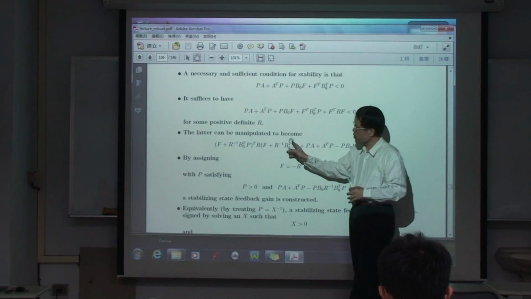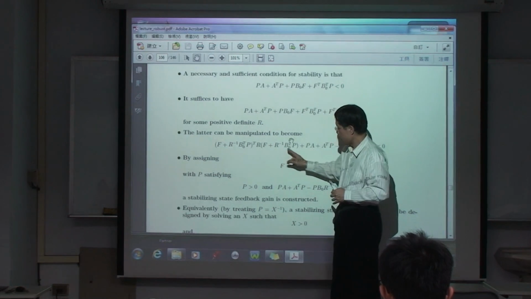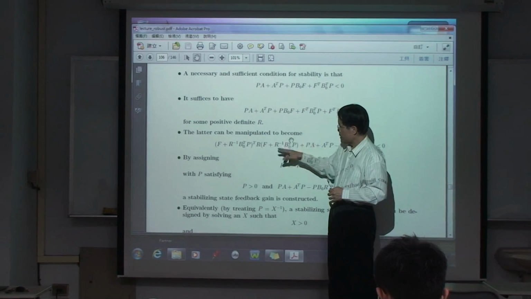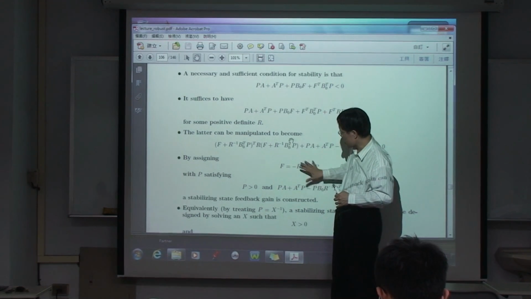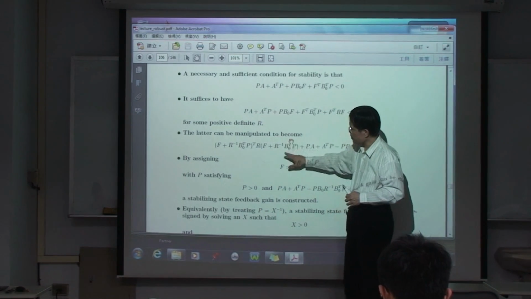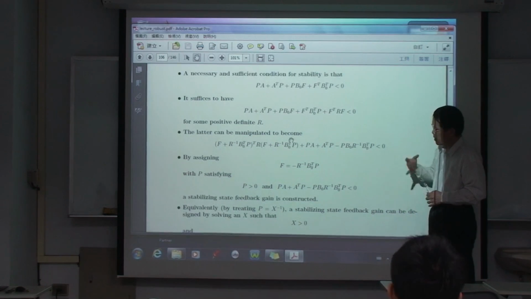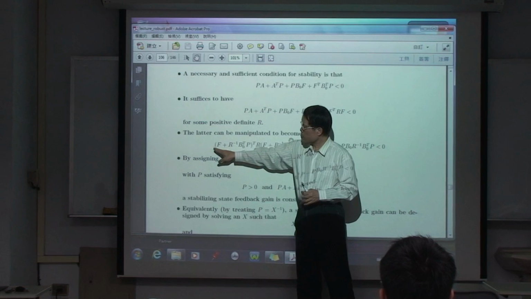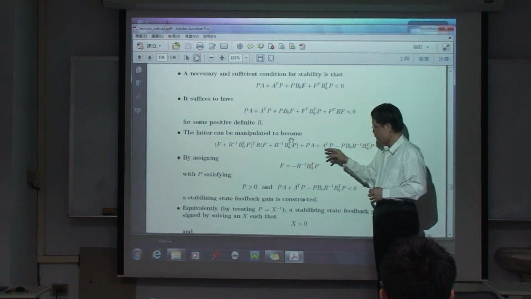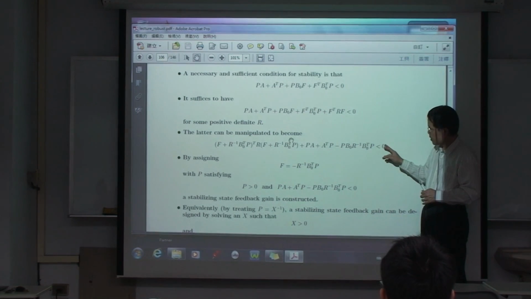And another equation, okay, it's a little complicated, but you could see that suppose I assign F equal to this term. That means I make this zero. And that's essentially what you want, because this particular term will be greater than or equal to zero, and you hope this to be negative, definitely.